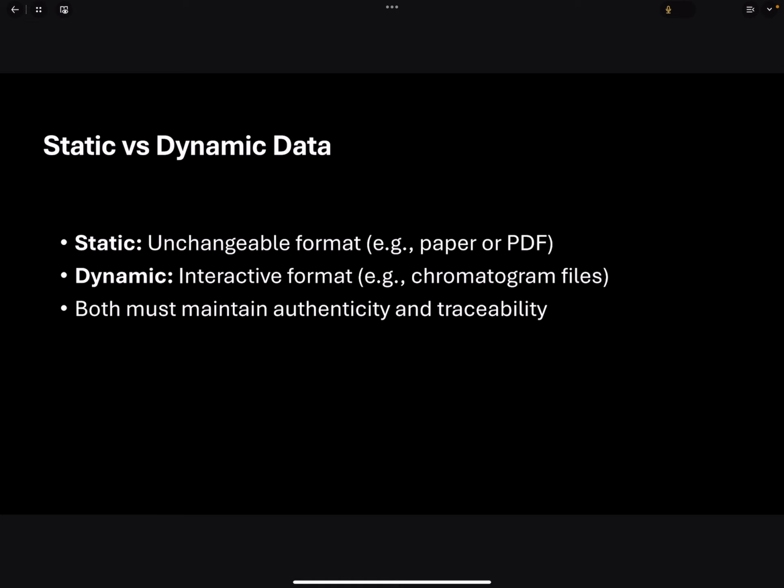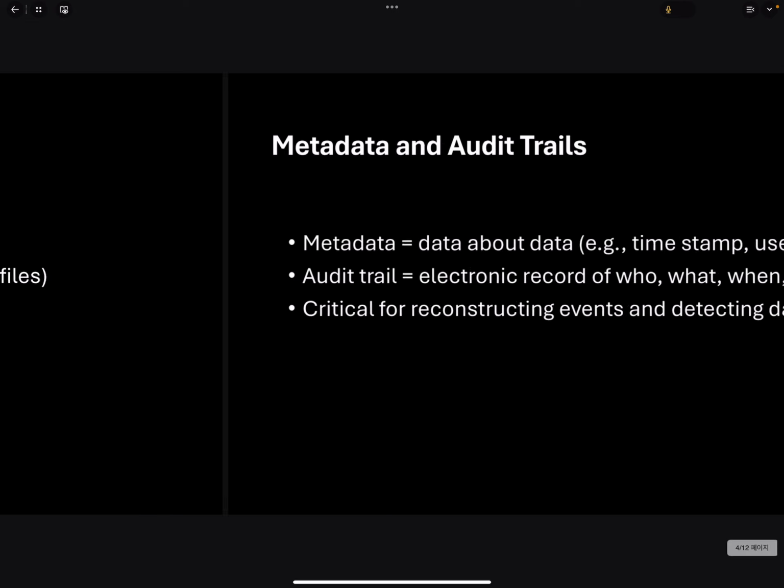And then there's dynamic data like chromatograms where parameters can be adjusted and reprocessed. Both types must remain secure and traceable. The key is to make sure no one can change data without leaving an electronic footprint. That's where audit trails come in.